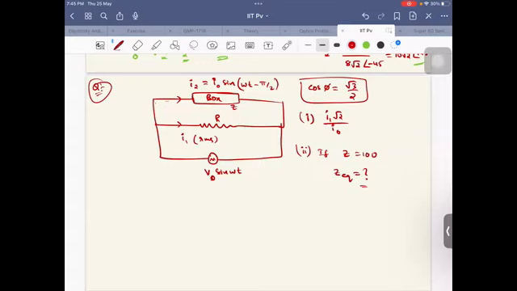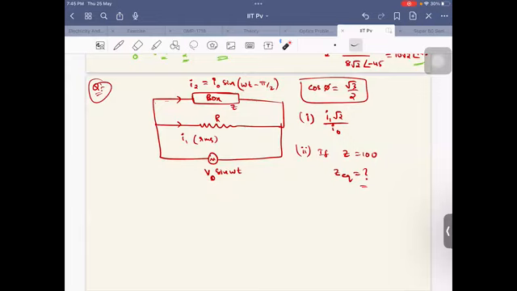See, you need to understand some more things clearly about the basics. Voltage I know here, sine omega t, and here I know the current. Current is lagging voltage by exactly how much angle? 90 degrees. For what kind of element is that possible?